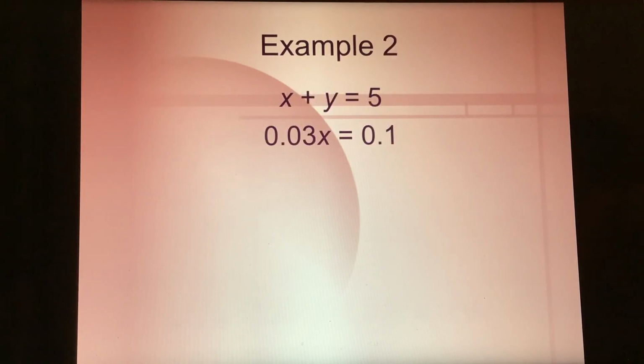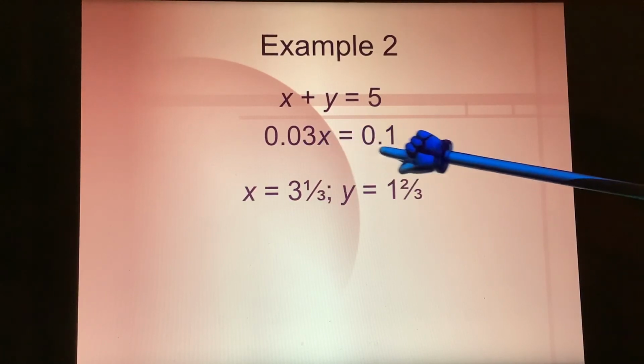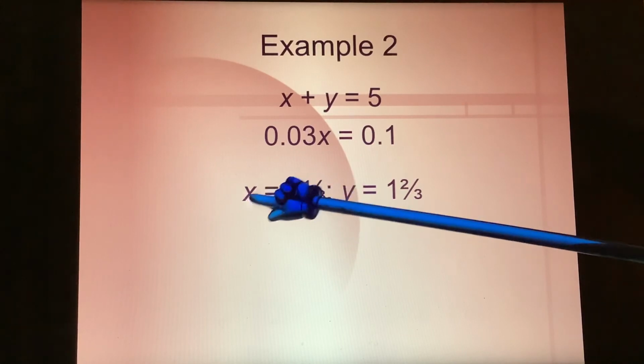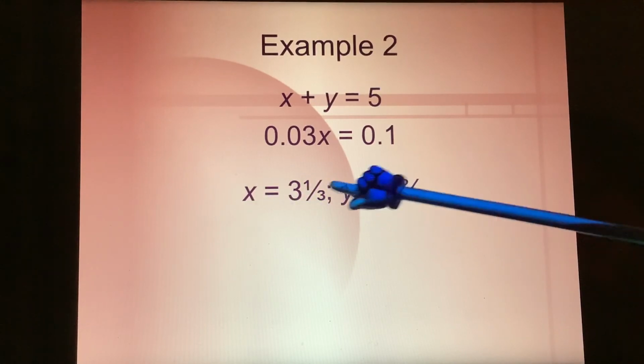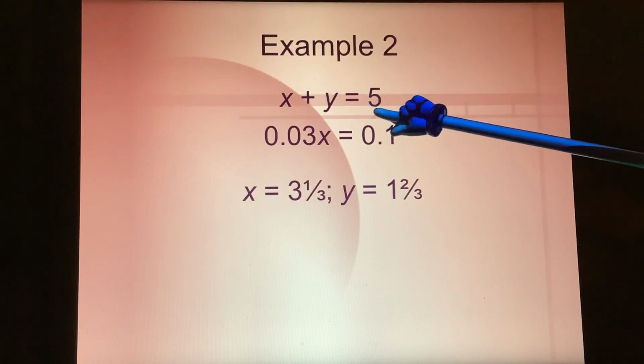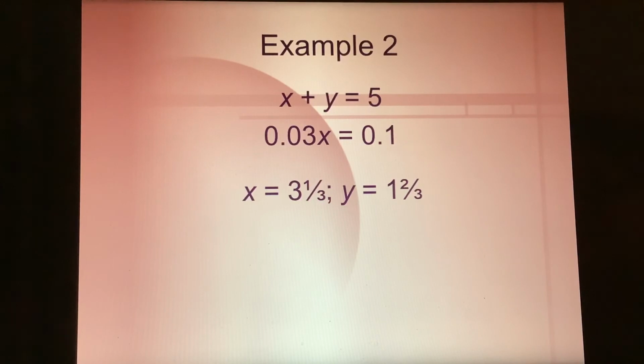Now you solve for x. If you divide, you'll get 3 1/3 right here for x. Then if you plug 3 1/3 here, and you solve for y, 5 minus 3 1/3 will give us 1 2/3.